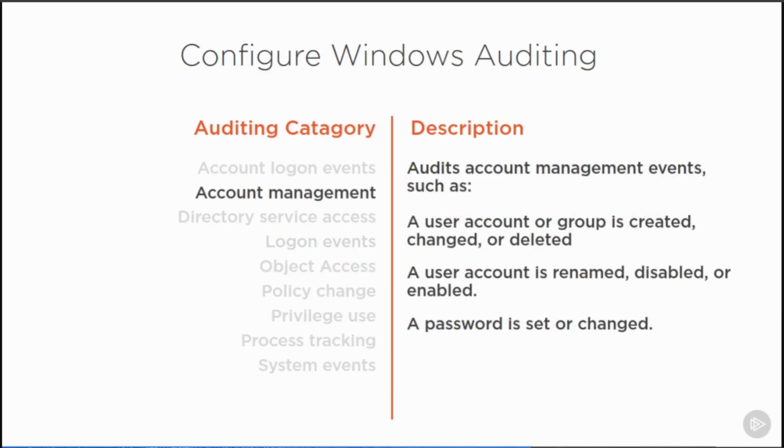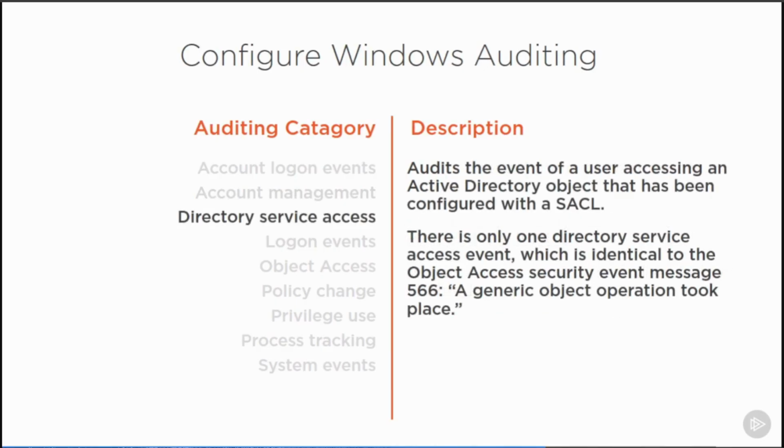So account management will audit account management events, like adding and removing users from groups, creating group accounts or deleting them, changing passwords, and so on. Directory service access will audit the event of a user accessing an Active Directory object where there's some ACL that's been applied. Curiously, there is actually only one directory service access event, which is identical to the object access security event.